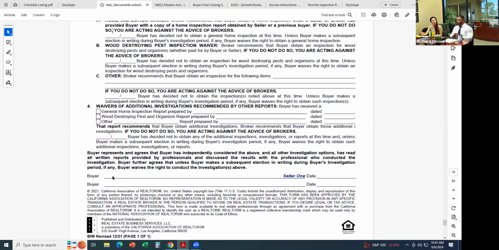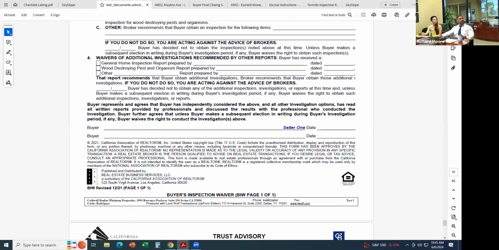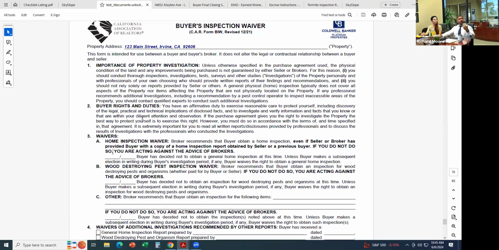But if the buyer doesn't want to pay... In most cases, they pay for it? Yeah, it's not standard that the seller pays. Most buyers ask for a termite inspection report, but ask for the seller to pay for it. But it's not standard, so it's not required. Okay. So there's that form, and this is going to be furnished or provided by the buyer side, right?